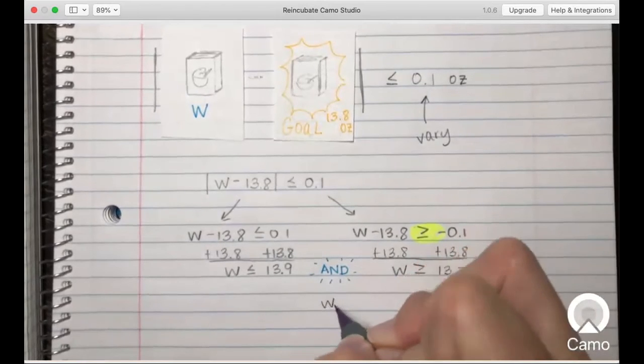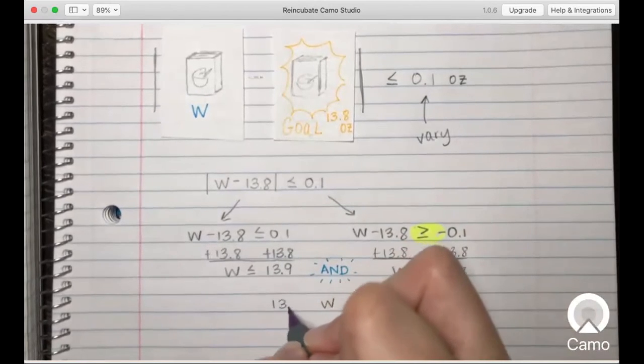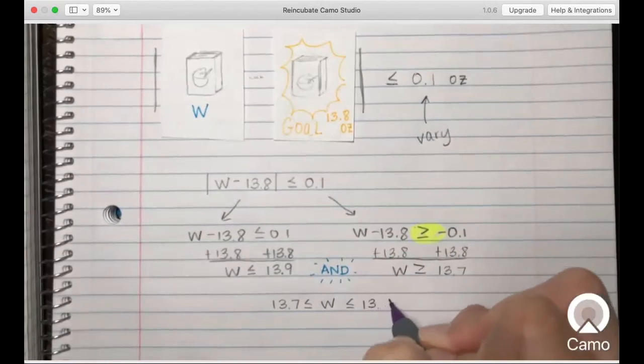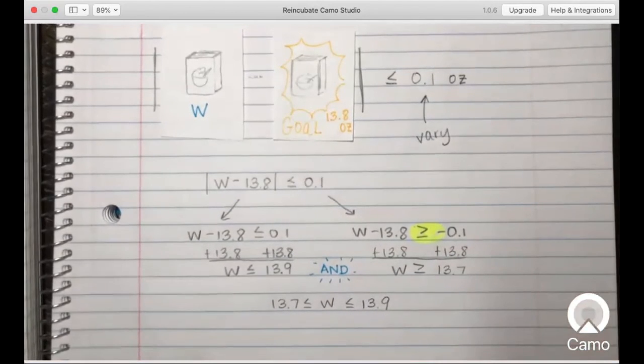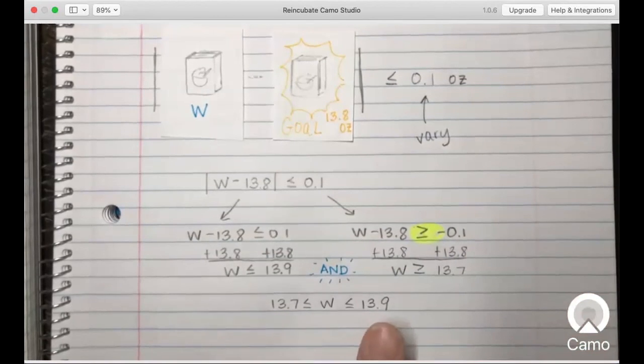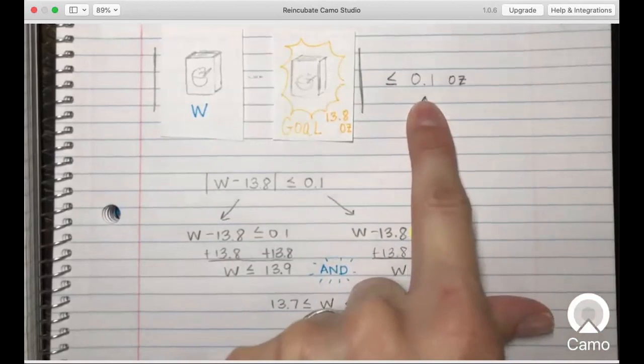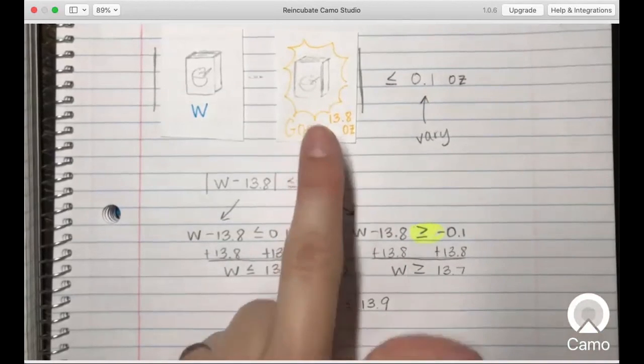So our weight can be between 13.7 ounces and 13.9 ounces. So this would be how we could represent all of the possible values of our box of cereal that could be no greater than this variance of 0.1 from our goal of 13.8.